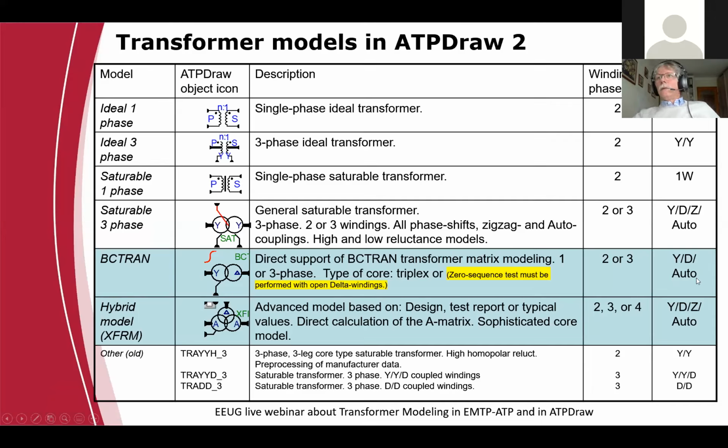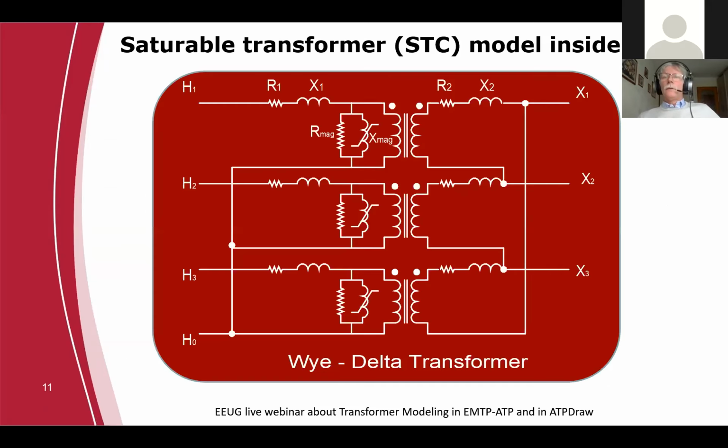BCTRAN doesn't support zigzag connection, but YD and auto transformers are supported. Hybrid supports all combinations. So this is also important information sometimes, because not all models support all winding structures.